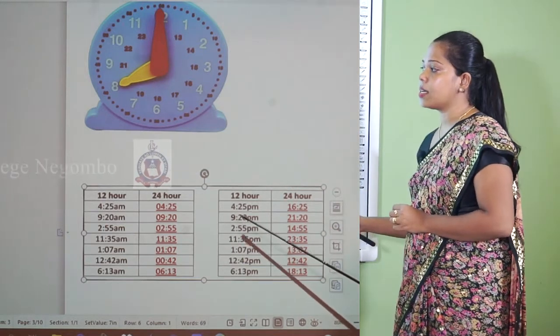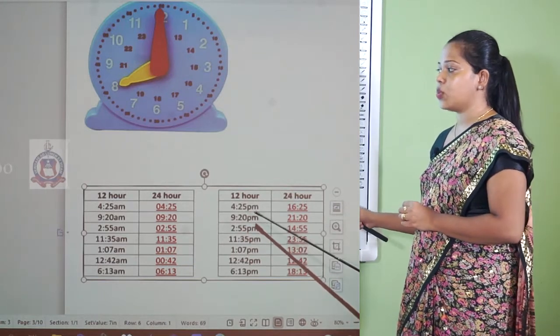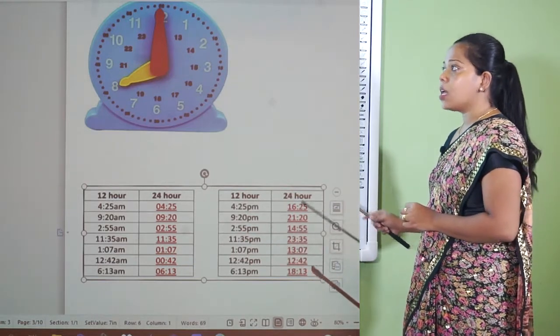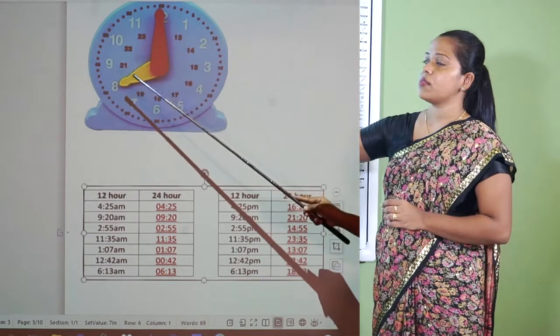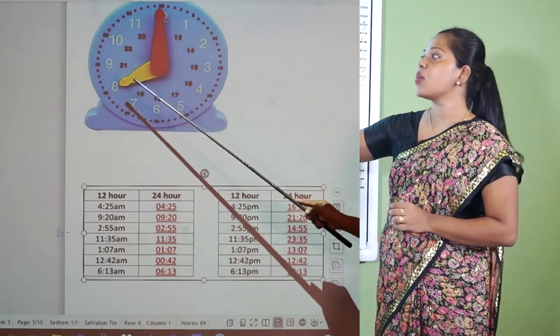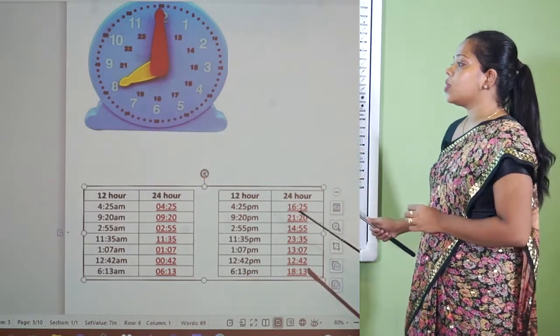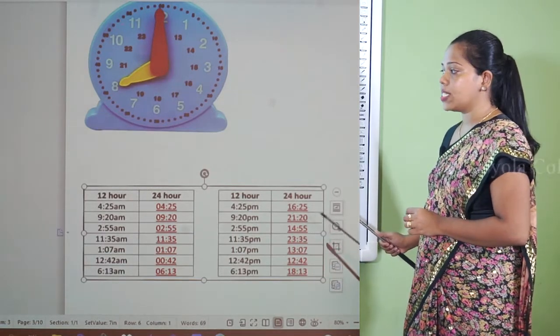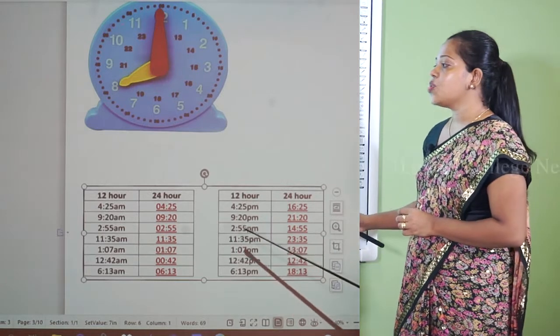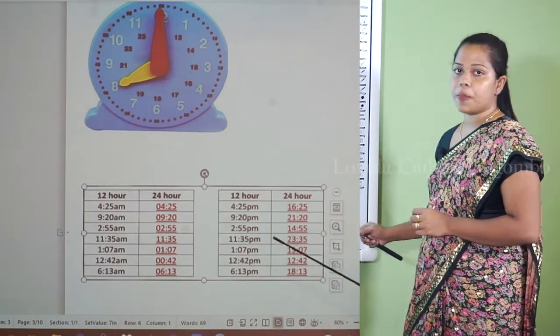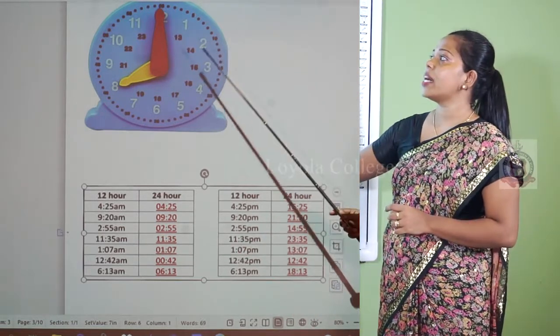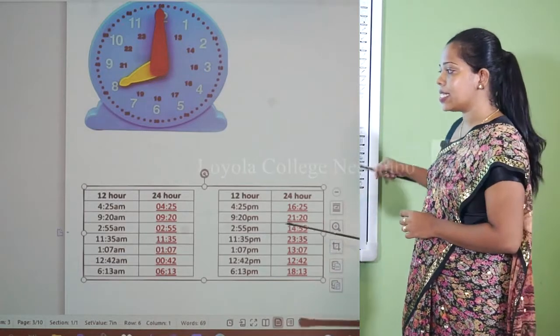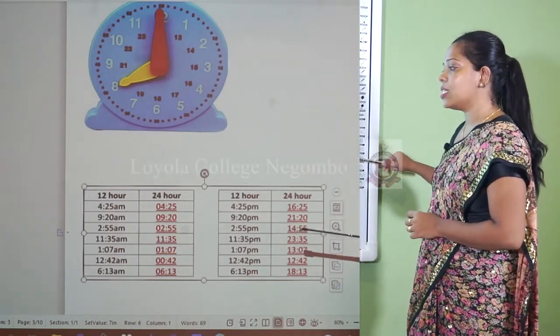Now the time they have given here is 9:20 p.m. 9 plus 12, that is 21. So 21:20. Here 2:55 p.m. Then 2 plus 12. What is the answer? 14. 14:55.